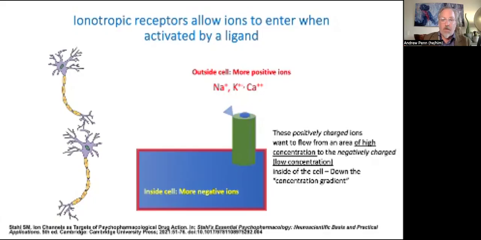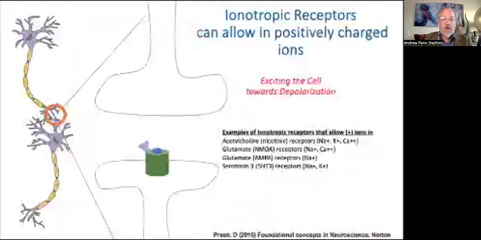Think of that ligand as the person who unlocks the door and opens it up. What's going to happen is that pore, that manhole, if you will, is going to open up, and it's going to allow those ions to flow inside. So that's going to go down the concentration gradient. There's higher concentration outside the cell than inside the cell. And if enough positive ions flow in, it will cause the cell to fire.